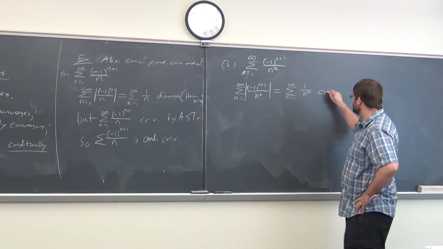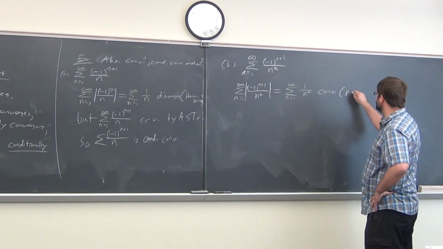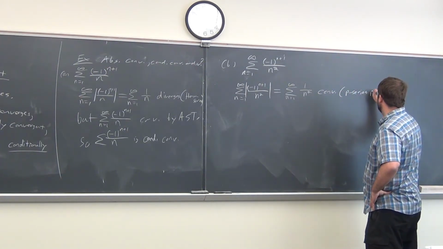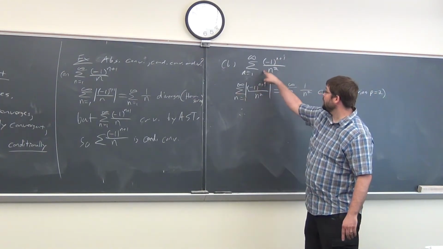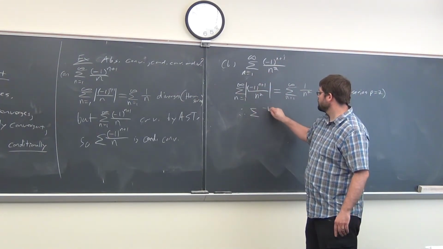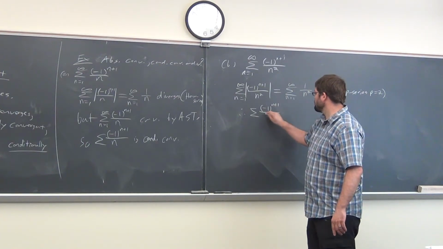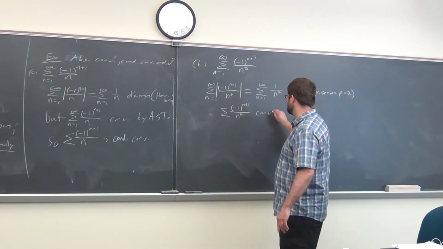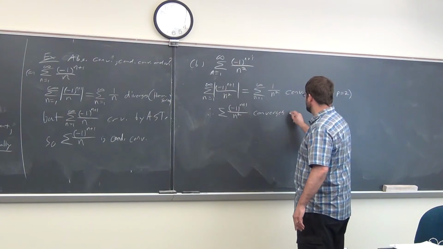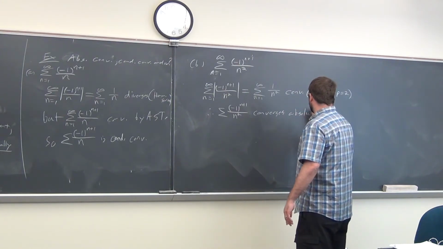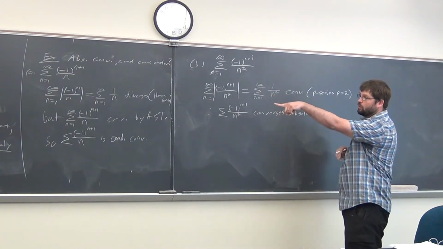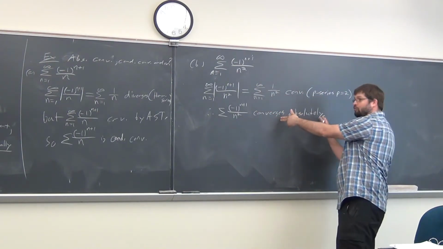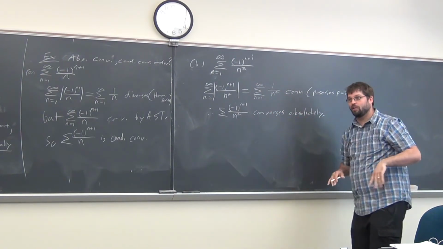Converges by p-series, p equal to 2, and so that means the original series converges absolutely. So if we move things around, I said the definition was absolutely convergent, but we can say converging absolutely. Hopefully that all makes sense.